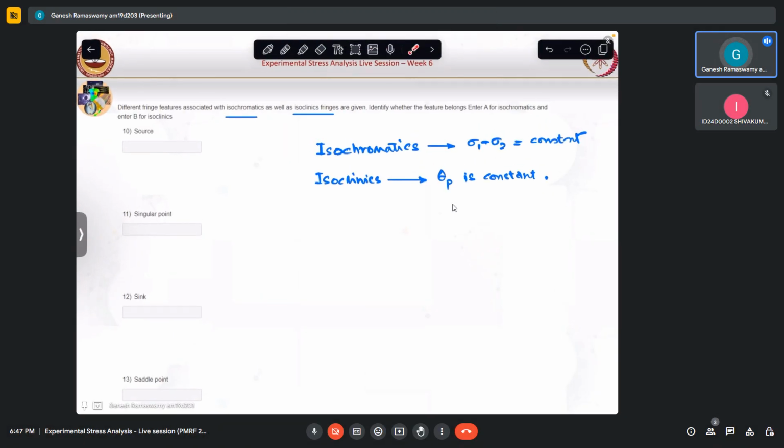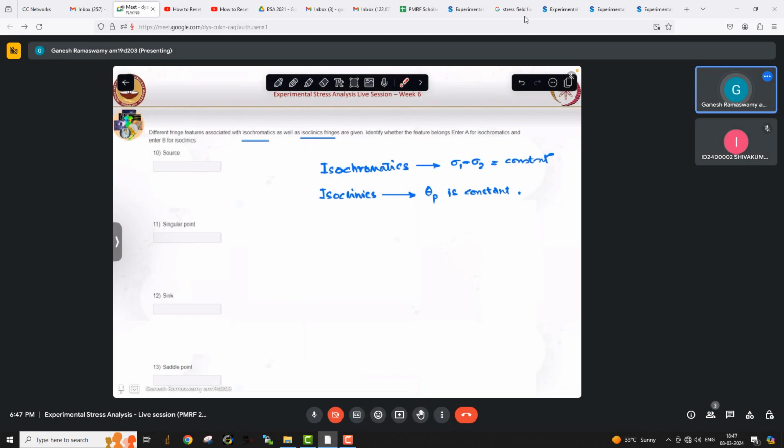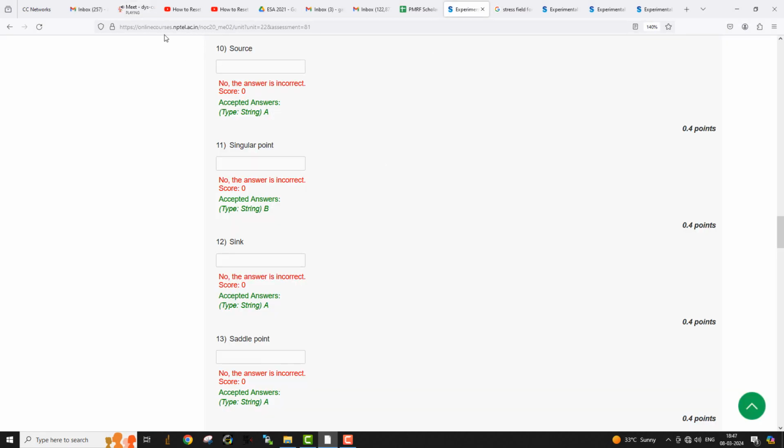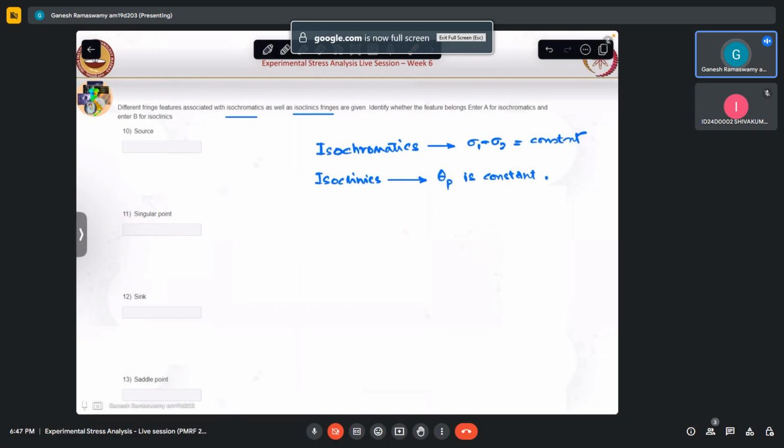And we need to identify whether the feature belongs to isochromatics or isoclinics. If it belongs to isochromatics, enter A, and if it belongs to isoclinics, enter B. So the first thing is source.